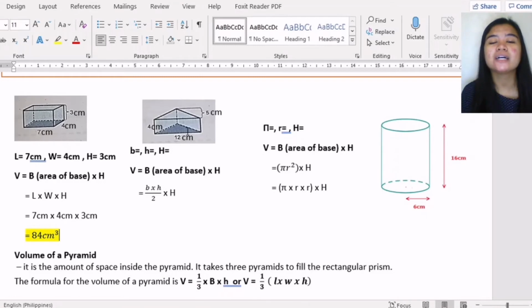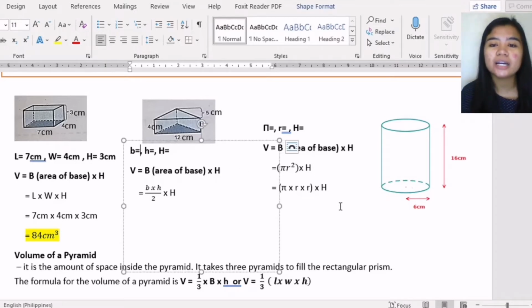Dito naman tayo sa triangular prism. Again, kapag prism, paano hinahanap yung volume ng prism? You are going to find the area of the base, then times to its height. So, yun na yung volume. Dito, sa binigay na figure, isusulat natin ang given.